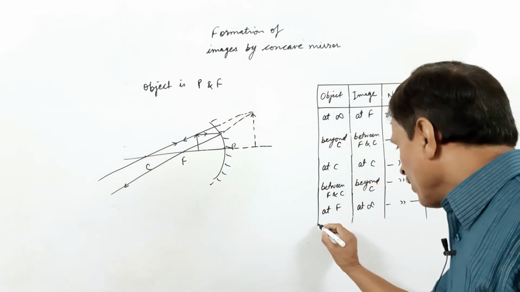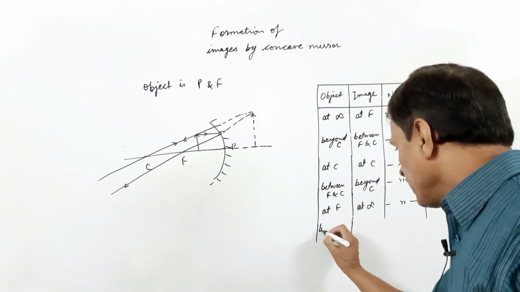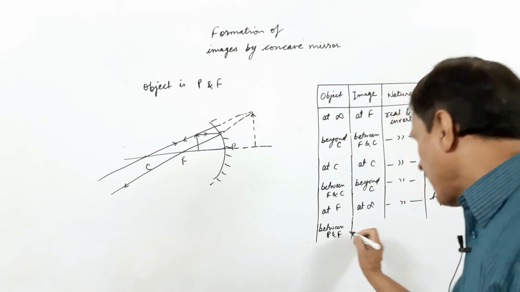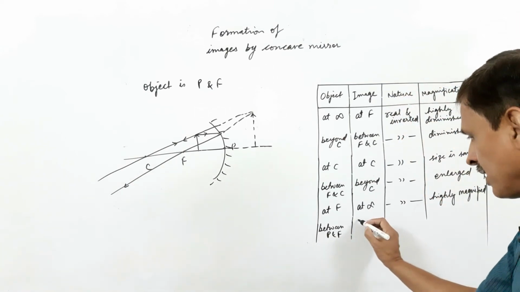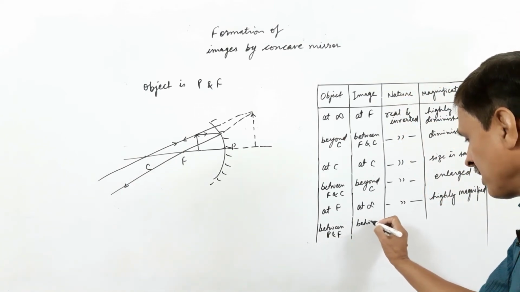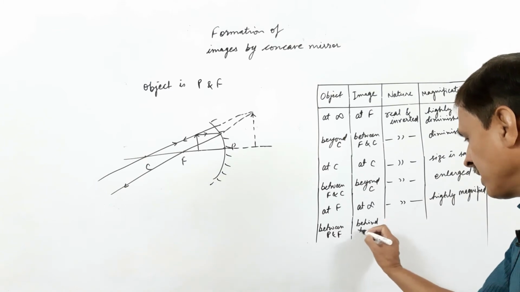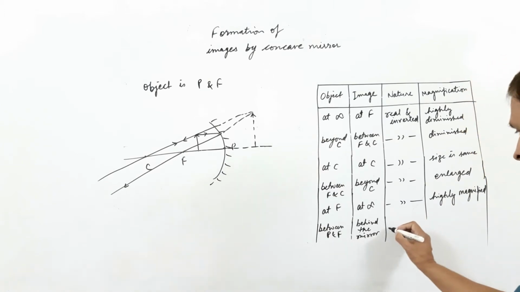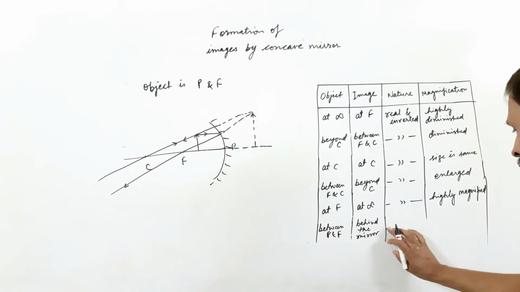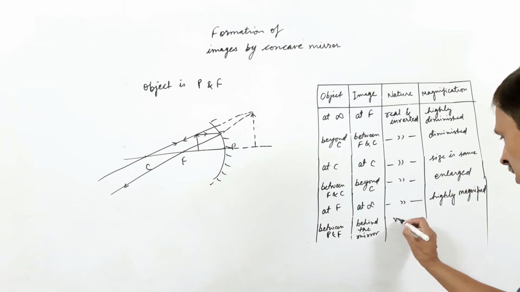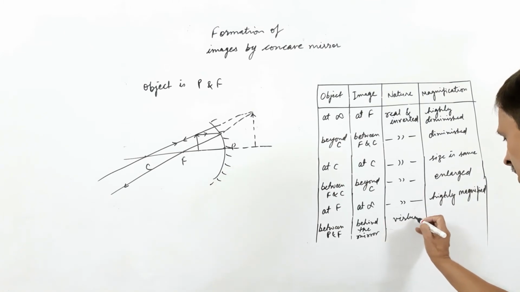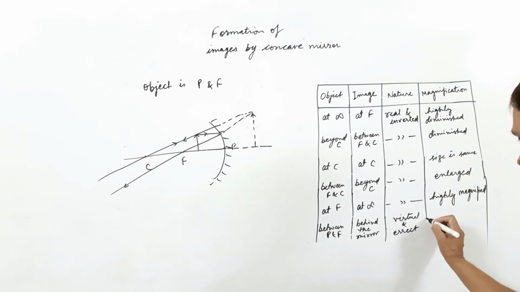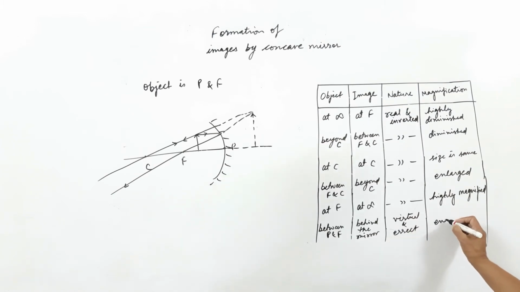So between P and F, the image is behind the mirror, it is virtual and erect and enlarged.